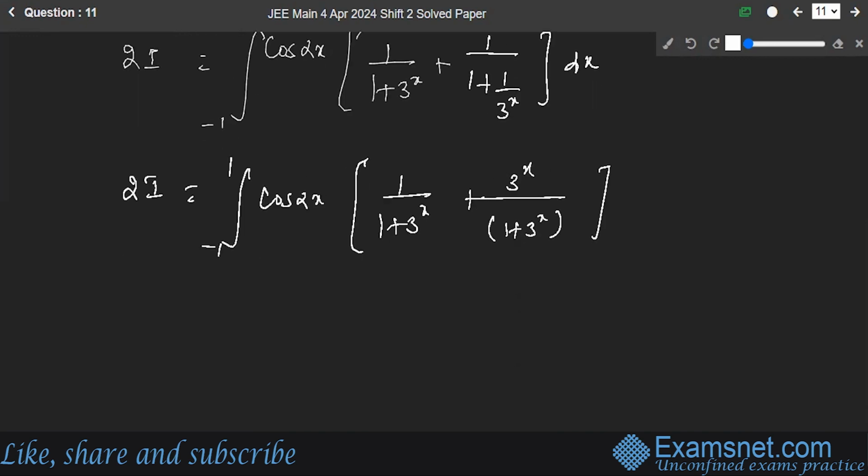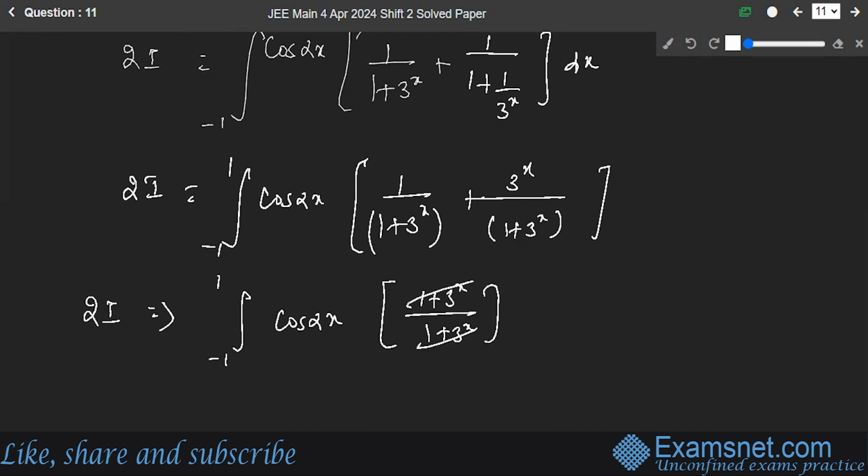So this will be 2I is -1 to 1 cos αx, and here will be this upon this, which will cancel. So this will be -1 to 1 cos αx dx.